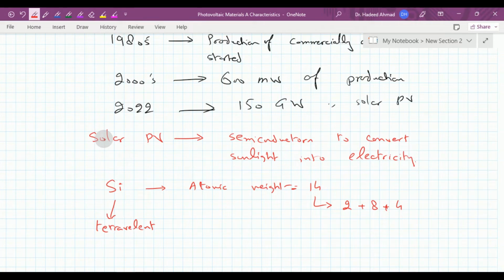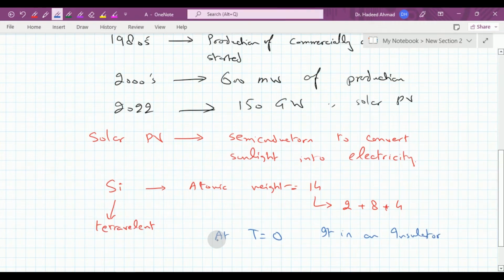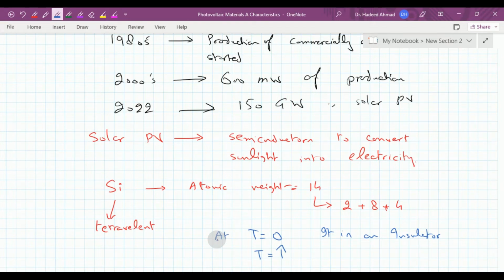Silicon is a very interesting material. At T equal to 0, it is a perfect insulator. As we increase the temperature, electrons get excited because of the energy available to them from the increase in temperature, and they manage to free themselves from the power exerted on them by the nucleus.